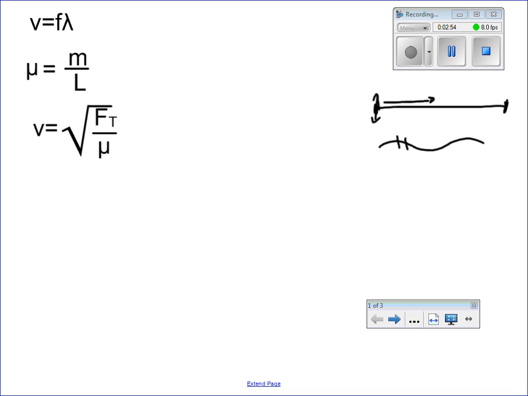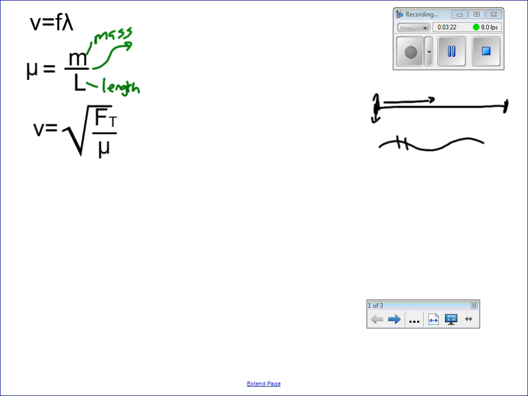If you've seen a guitar string or piano string or violin, you know that you can tighten up the string and it changes the frequency of the sound. Well, that's because it's changing the speed. So the first equation you get is an equation for the linear density, and that's just the mass in a particular length of string.